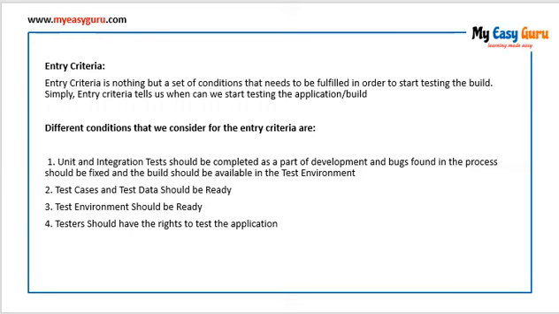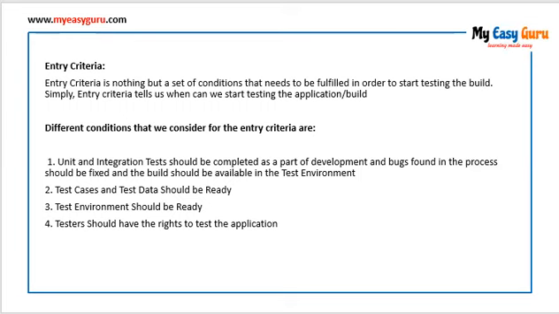These conditions would be: unit and integration tests should be completed as a part of development, bugs found in the process should be fixed, and the build should be available in the test environment. So before the build comes to the testing team, unit testing and integration testing should be completed.